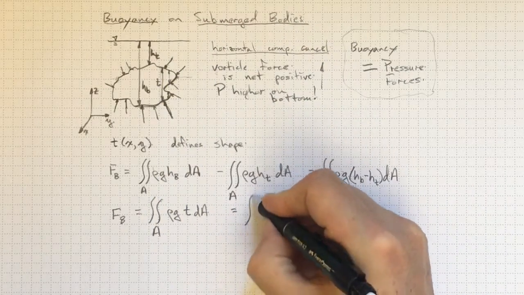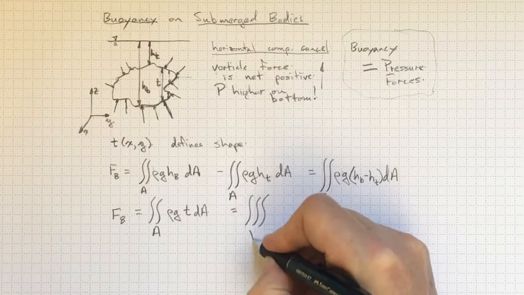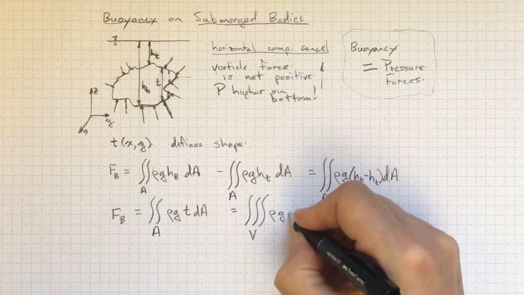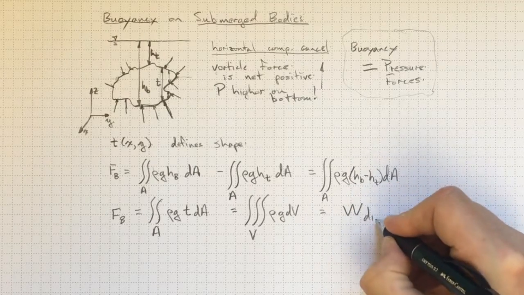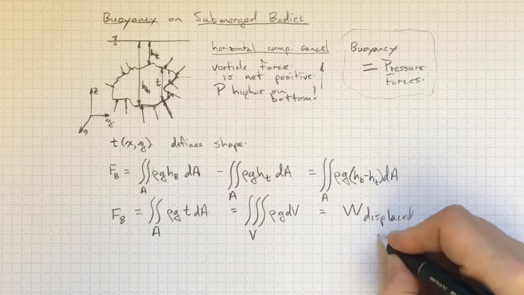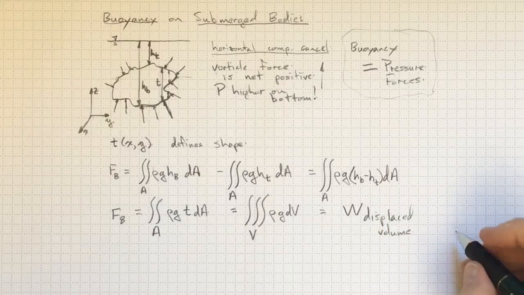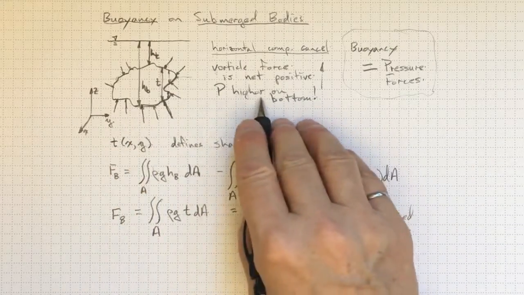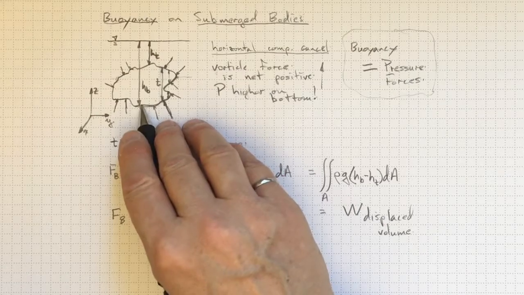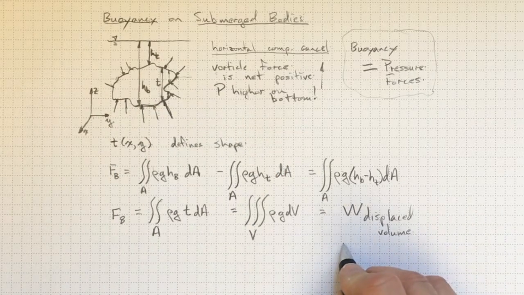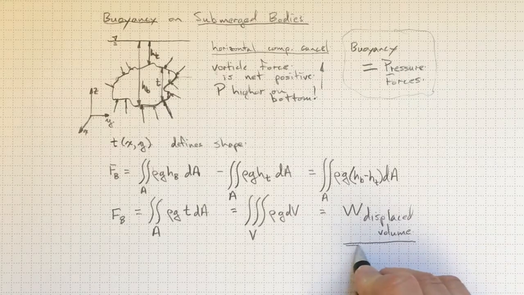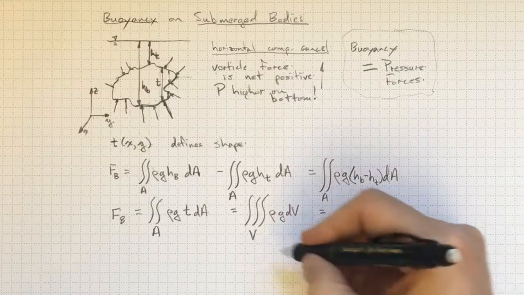That'll be the integral over the volume, triple integral, rho g dV, which brings us back to the weight of the displaced volume. So buoyancy is just a result of pressure forces acting on the outside, but it turns out that, as Archimedes tells us, it's always going to be equal to the weight of the displaced volume.